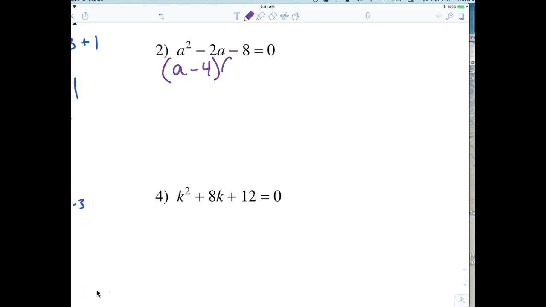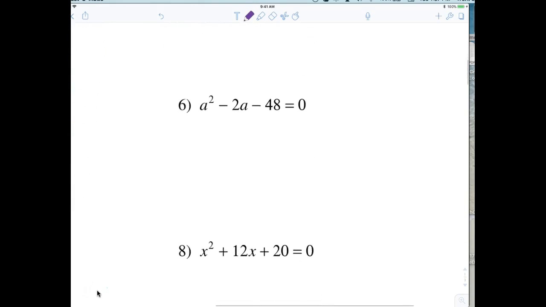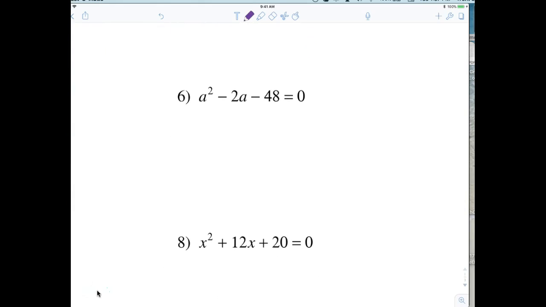That would be a minus 4 times a plus 2. So the answer is either 4 or what? -2. The answer is either 4 or -2. Well, the problem is that they don't always work out to where you can factor them. So they had to come up with a different technique. Everybody with me?